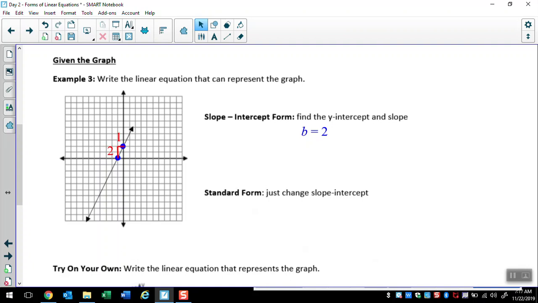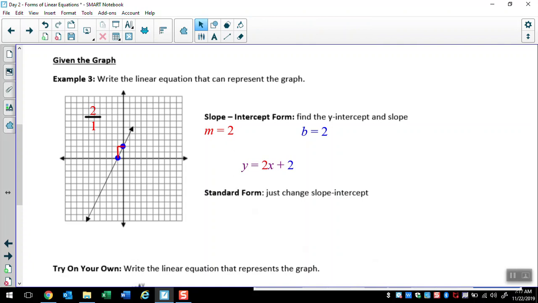So my slope is 2 because it's 2 over 1. I can make that a fraction, 2 over 1, and that simplifies down to 2. All right, now I can just put that into y equals mx plus b. So we get y equals 2x plus 2. Done, we've written our equation.